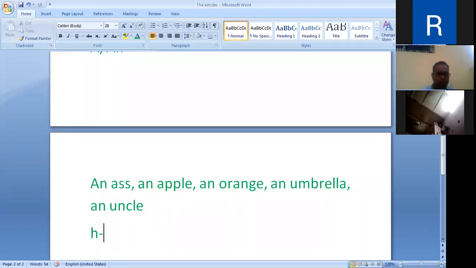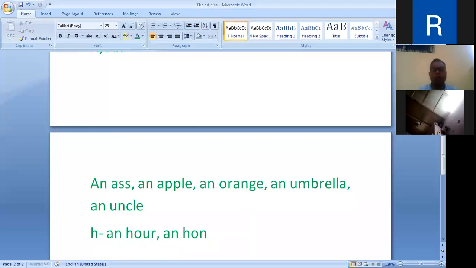For example, an hour, H-O-U-R. Though this word begins with the consonant H, its beginning sound is a vowel sound, and that's why before that an is used. Next, an honest man.